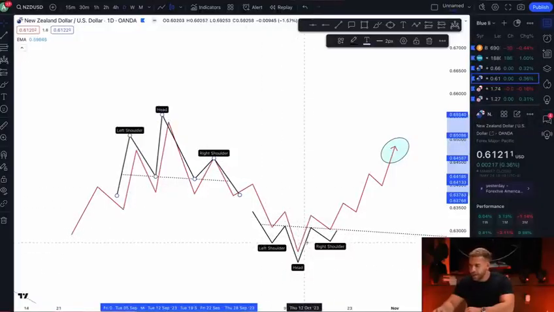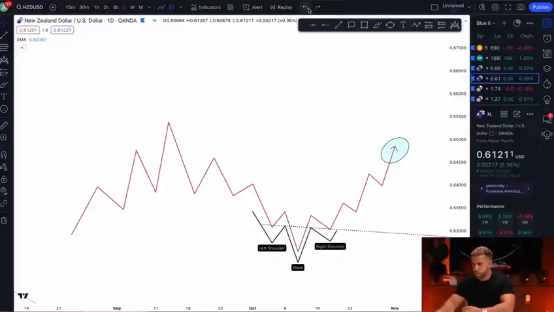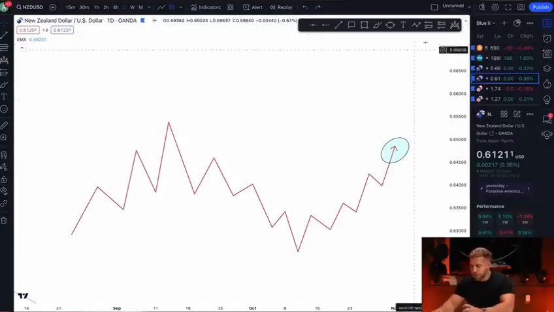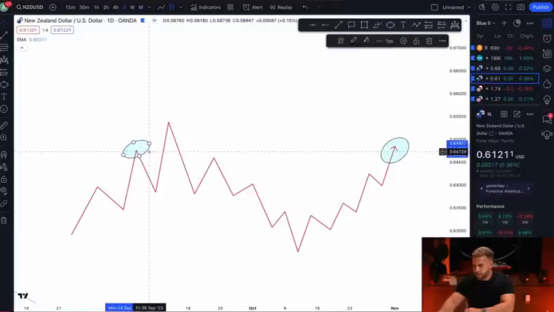And then if you notice, this a little bit more to the left would be a full-blown head and shoulders pattern to then create a reversal for the market to the downside. So you can see how this head and shoulders pattern created a bearish market, and then you can see how this inverted head and shoulders then created a bullish market.